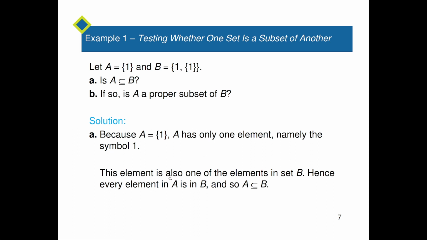This element is also one of the elements in B, which is this one here. Notice that B has the element 1, and it also has this singleton 1 in it, with the curly braces. So that's why we can say A is a subset of B.